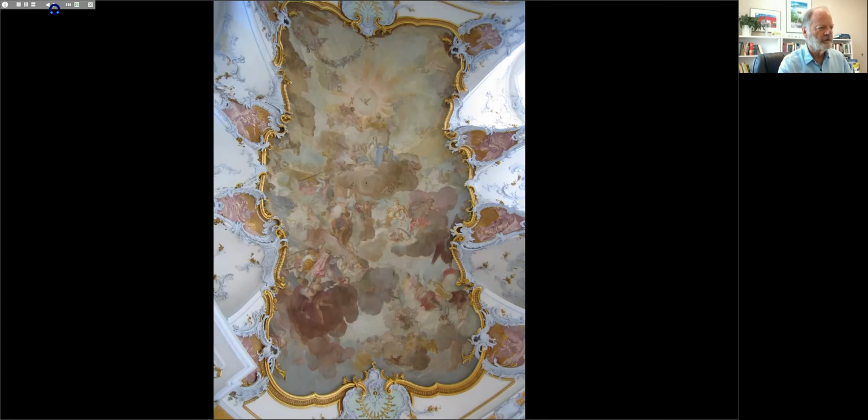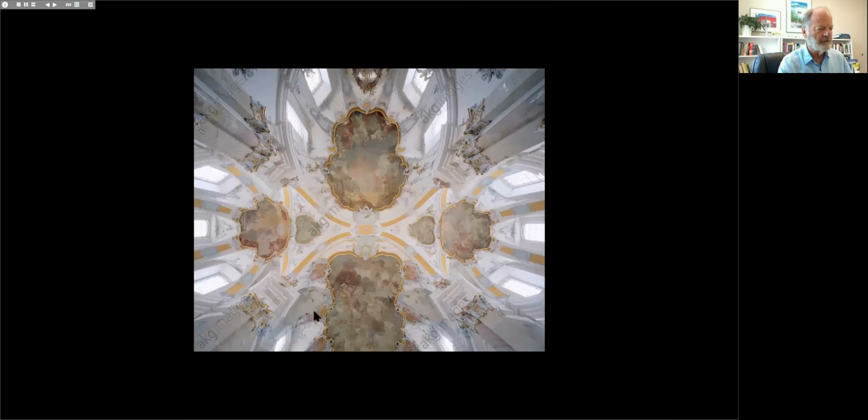We've got one other view that shows us the vault beneath the crossing. So the crossing is the place where the long axis of the church intersects the lateral axis right here. And it's right here, we're looking at the top of the liturgical altar, and in this direction would be the pilgrimage altar. You'll notice that above the liturgical altar is an oval shape, and then there are circular shapes above the transept areas.